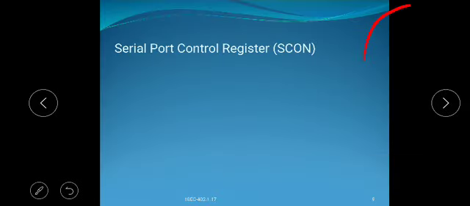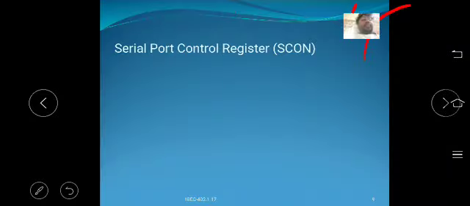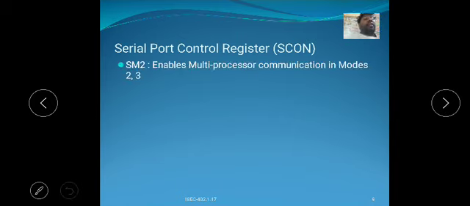In the serial port control register, SM2 enables multiprocessor communication in modes 2 and 3.